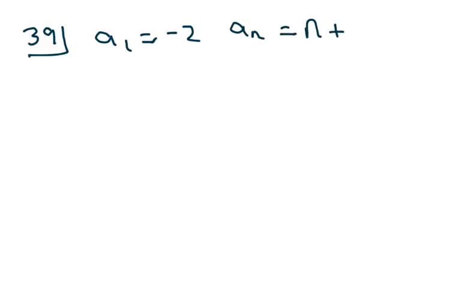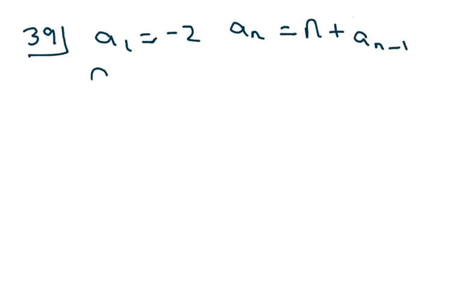Let's do 39. We have 39, and it says a sub 1 equals negative 2, and a sub n equals n plus a sub n minus 1.